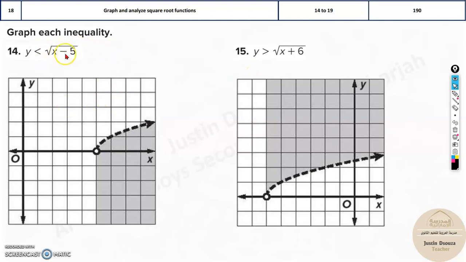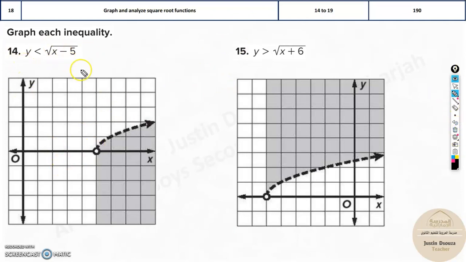Now, what is the domain of this value? How do you find where is the x value? So y is less than root of x minus 5. Find the x: whatever is inside the root, x minus 5 equals 0. So x is equal to 5. Okay, so it starts at 5. That's good. You know that.